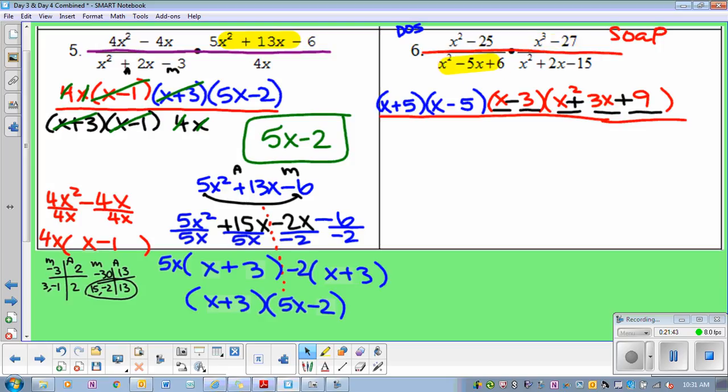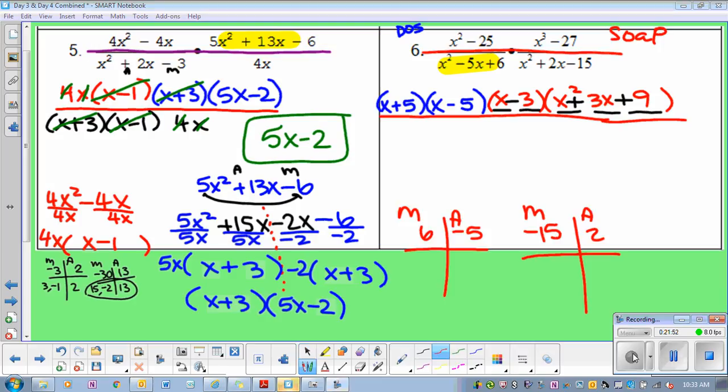And then let's go over here. Let's do AM for both of those. I want you guys to take a few seconds. Let's do the AMs for our denominator. The first one multiplies to 6 and gives me a negative 5. Negative 3 and negative 2.